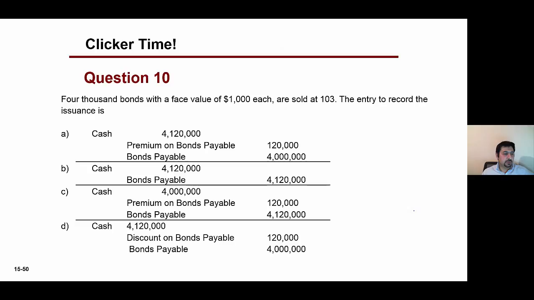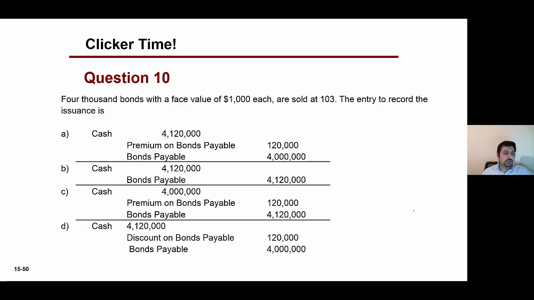Let's see an example here. 4,000 bonds with a face value of $1,000 each are sold at 103. The entry to record the issuance is. Now, whenever we have a question like that, we need to think about whether it was sold at a premium or at a discount, and the amount of cash that will be received.